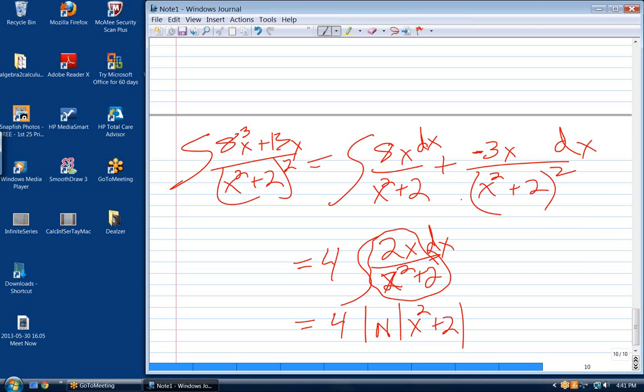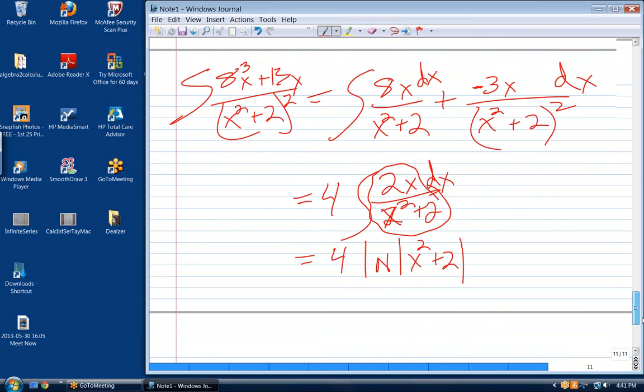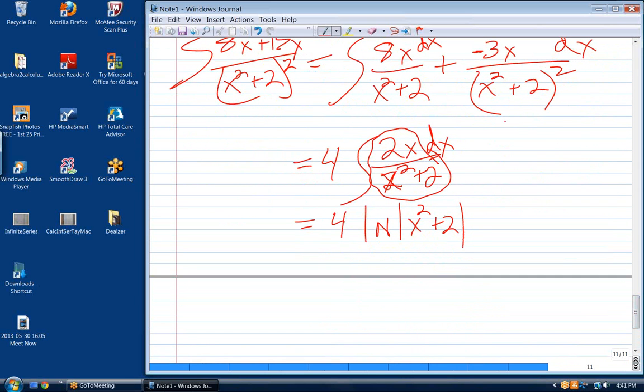In other words, if we were to solve this using U substitution, maybe we should go through a U substitution problem, unless you're comfortable integrating that term. This second term here, if we go through a U substitution, what will we let U equal? X squared plus 2.